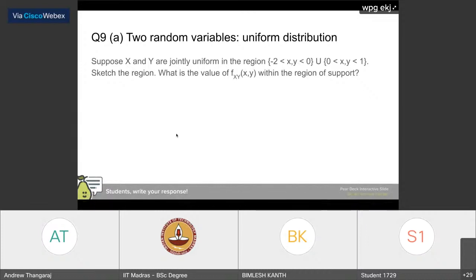Sketch the region. I think always begin with a sketch. Like I said, for any two-dimensional problem, first start with a diagram. It can be the simplest of diagrams, but just make sure you draw it correctly. Make sure you understand where your pair of random variables are going to lie. It's like a scatter plot, right? So think of that.